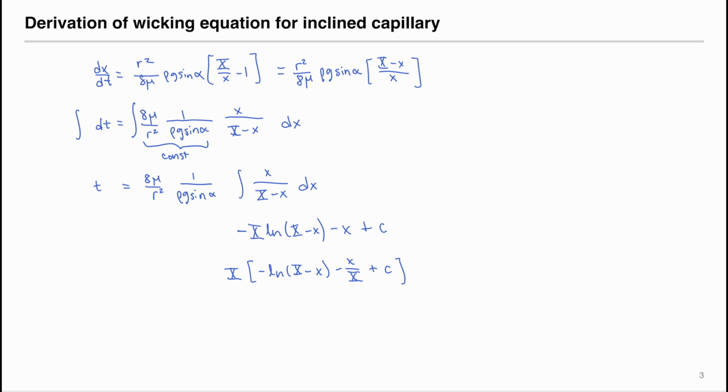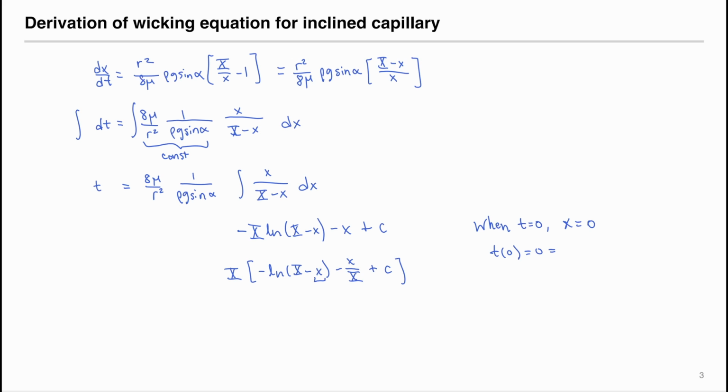And in this case, when t equals 0, it has not begun wicking. So the wicking distance, x, is also 0. So when t equals 0, small x is 0. So if this is 0, all the constant goes to the left is also 0. The x is also 0.